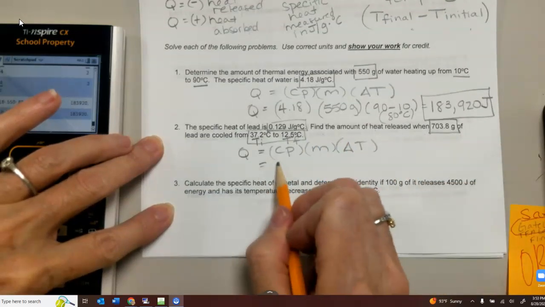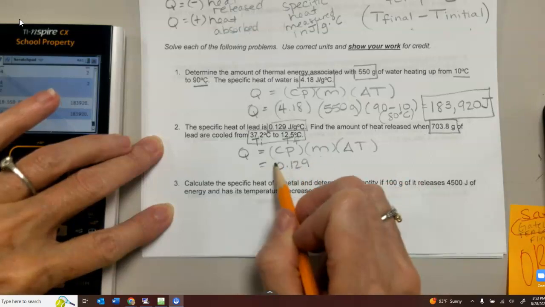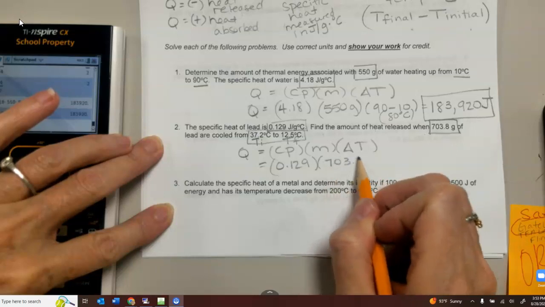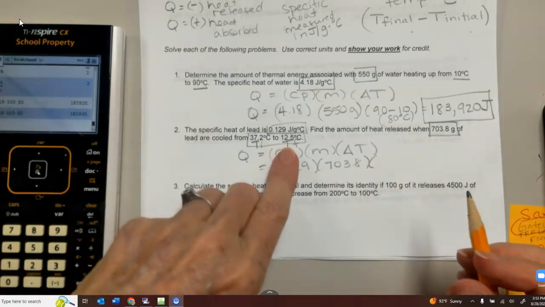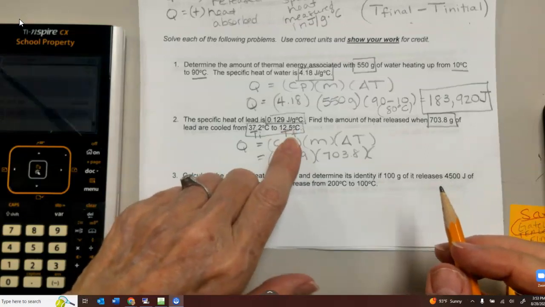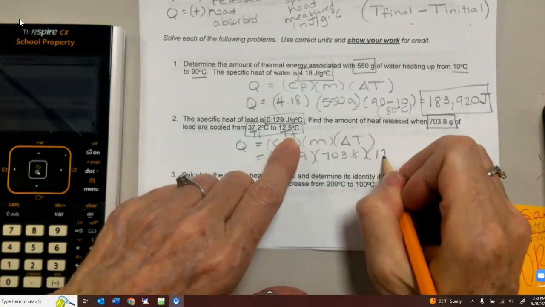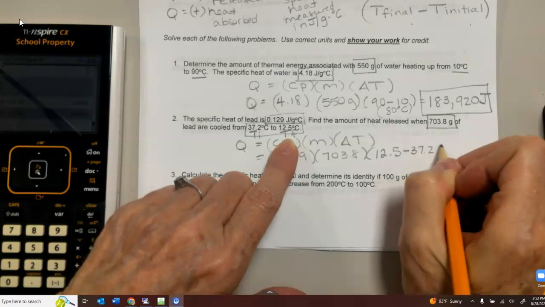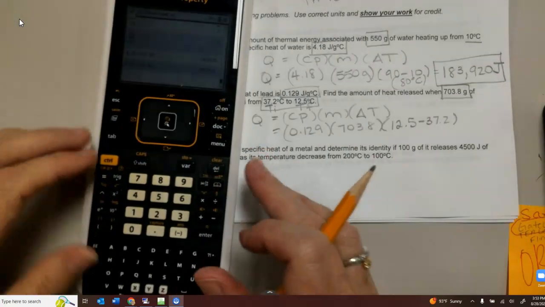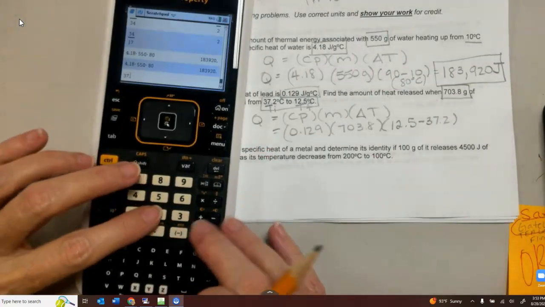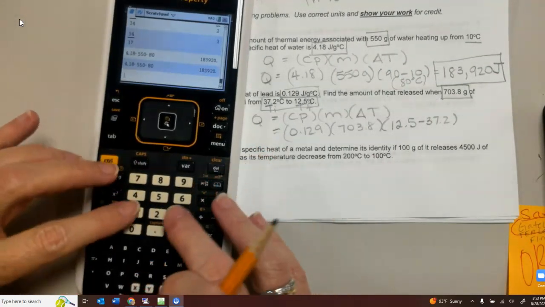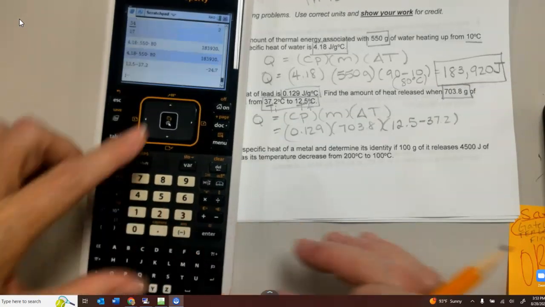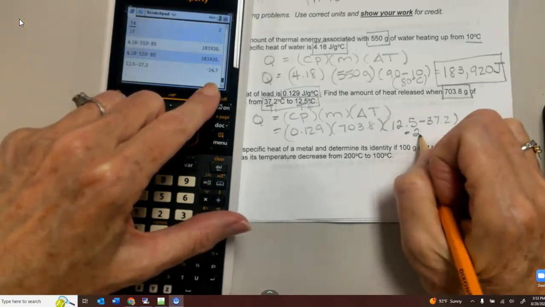Okay, so on this one, we've got 0.129 times our mass, which is 703.8 grams, times our delta T. Now, here's where we're going to get that negative number, because we're going to have 12.5 minus 37.2. Okay, let's do that first. 12.5 minus 37.2. Okay, there we're getting a negative number.